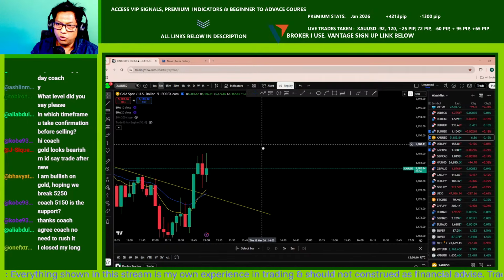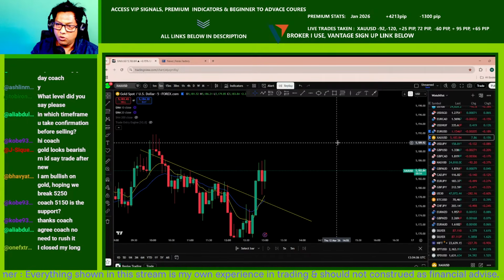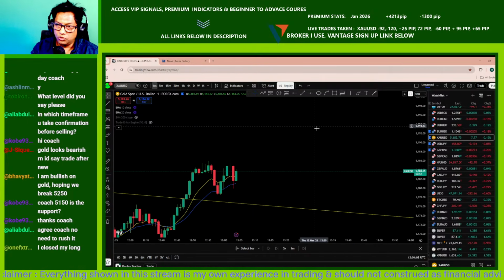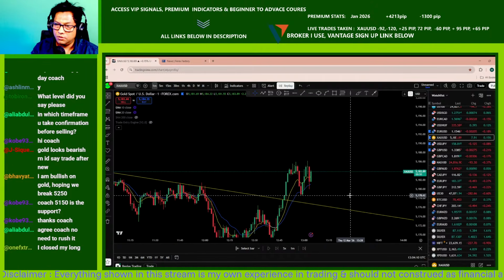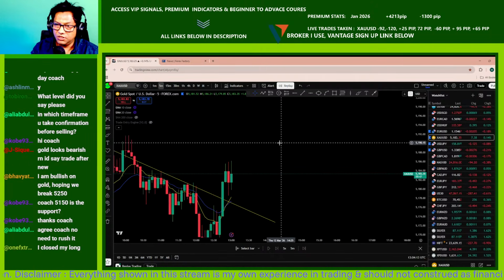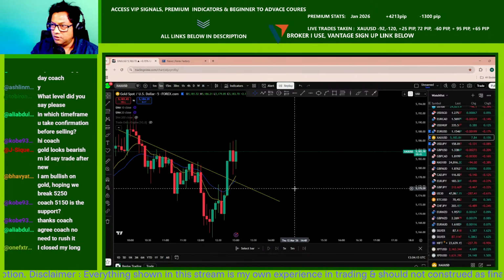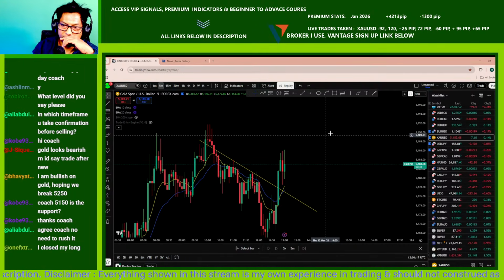Now this is both ways price action. It might be going back up, which is a higher chance also. We might see this market, after this test, reverse back again.